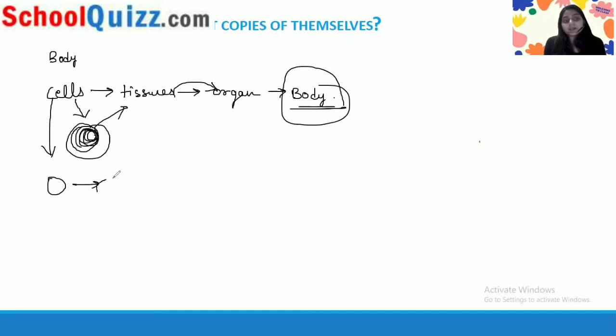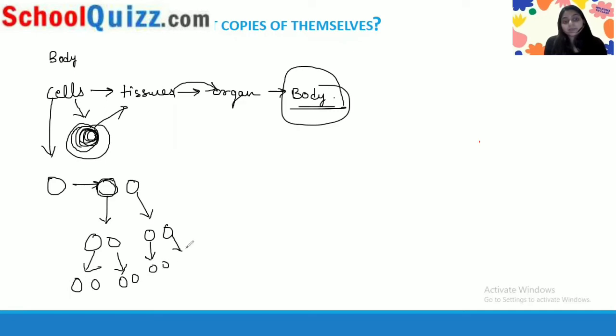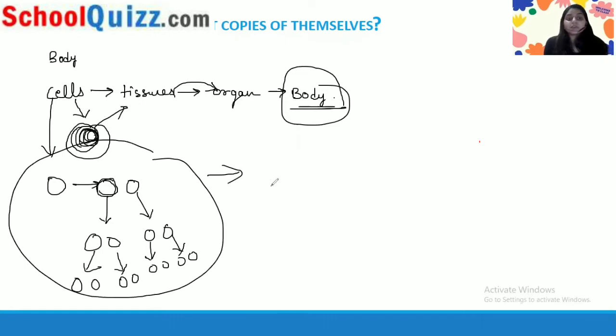So this cell is divided into two, then this cell is divided into two, and that's how they are multiplying themselves. And all these cells form the tissues, then organs, and then the body. So I hope this is understandable for you.